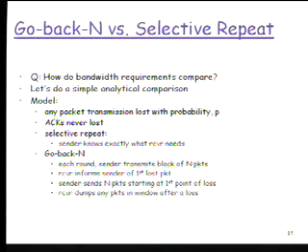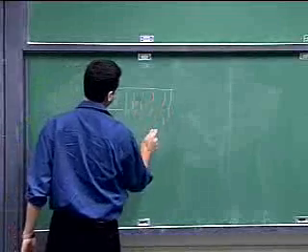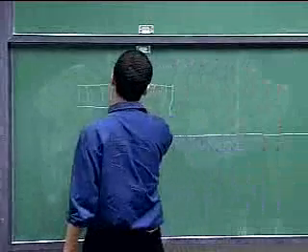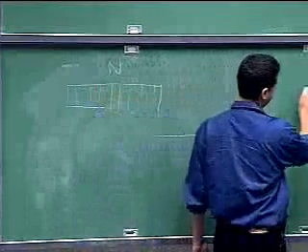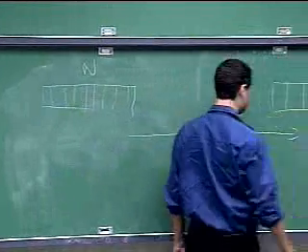If nothing gets lost, send this window of packets N and all of them reach the receiver.